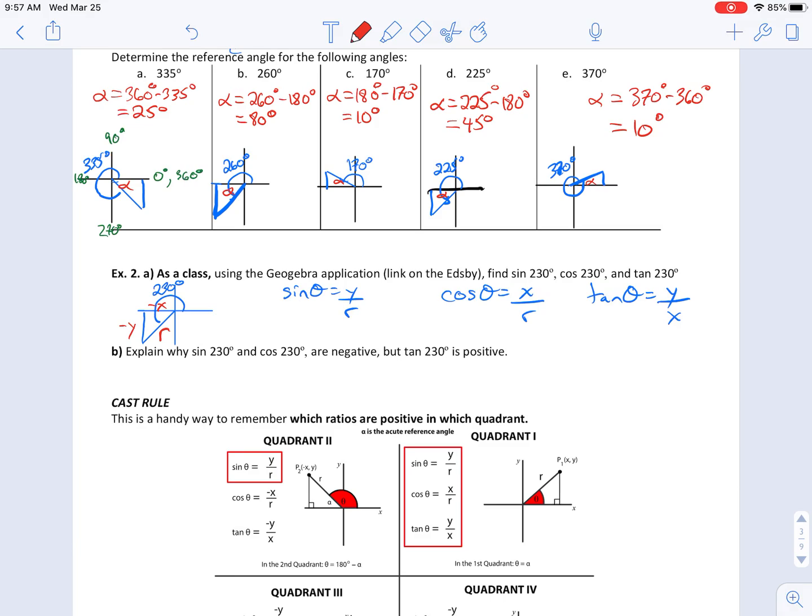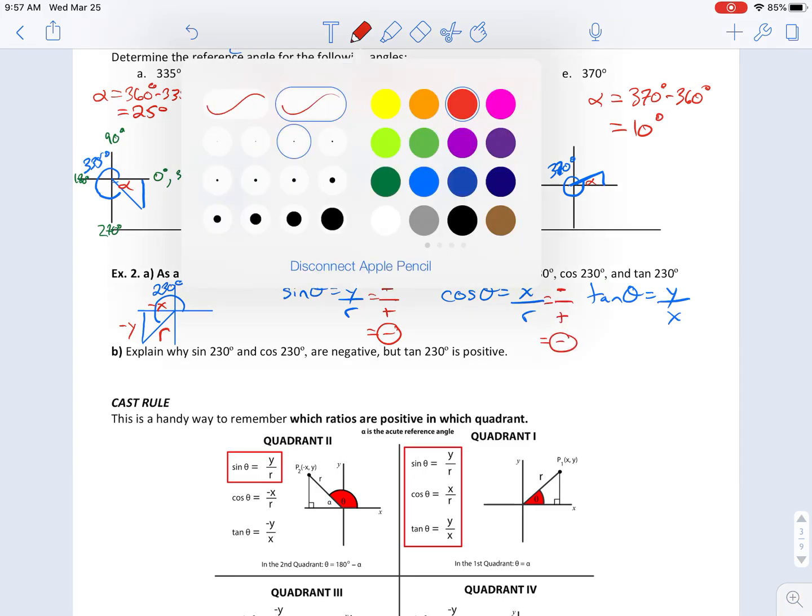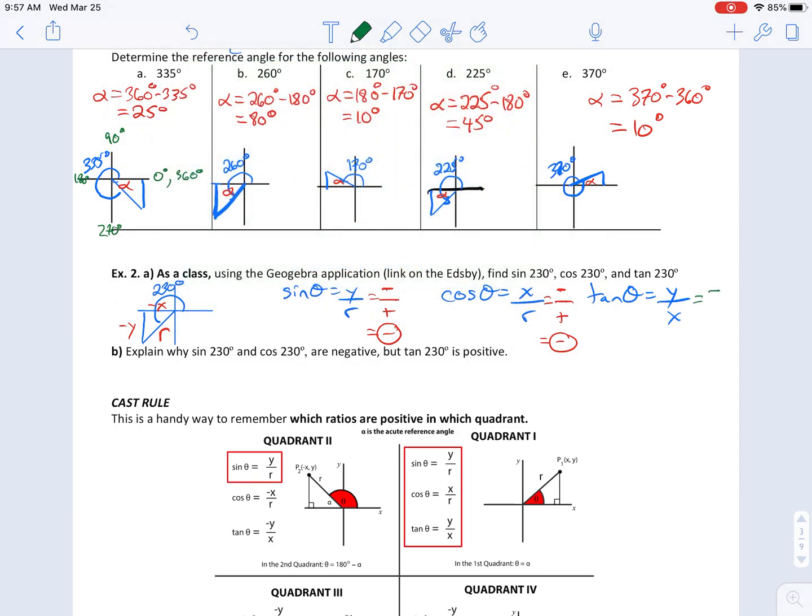So in this case, y over r is going to be a negative over a positive, which is going to equal a negative number. Cosine is going to be, again, x is negative, r is positive, that's going to be a negative number. But tangent is a negative divided by a negative in this quadrant, which ends up being positive.